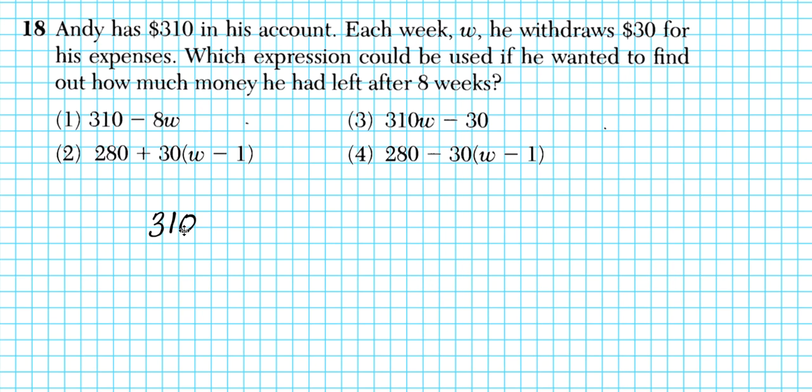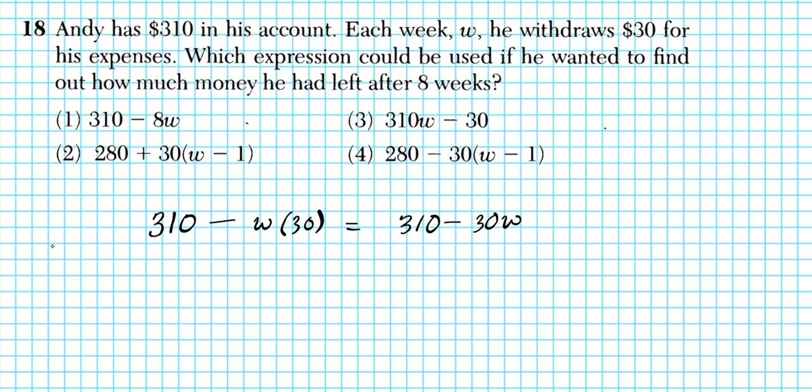So we have 310 minus W times 30, or this can be written as 310 minus 30W, where W basically represents the number of weeks. So week 1, we have 310 minus 30, 2 weeks, 310 minus 30 times 2, and then you just go on and on like that.